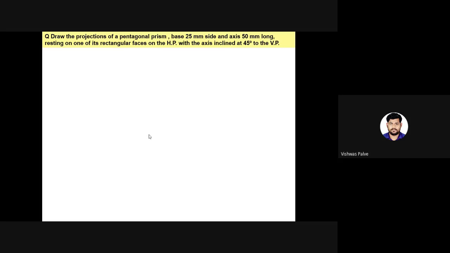So this pentagonal prism is going to rest on one of its rectangular faces on HP, with the axis inclined at 45 degrees to VP.